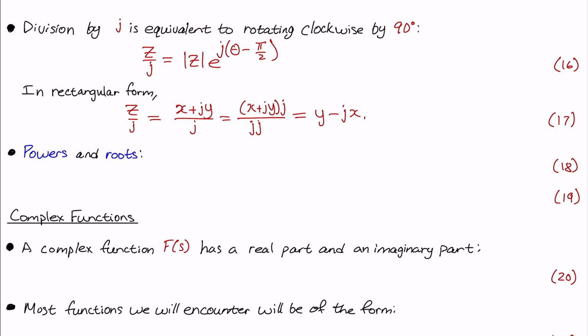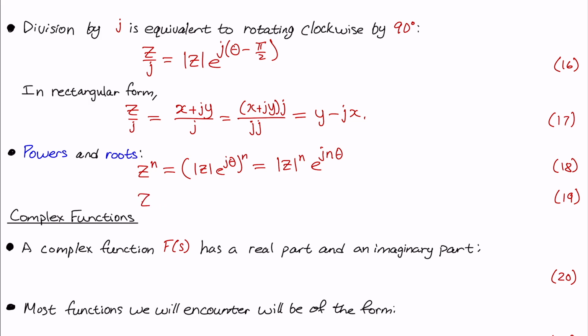Okay, for powers and roots, we're just going to do that in polar form. If we raise z to some constant n, this will be equal to the magnitude of z times e to the j theta, all raised to the n, and then this becomes the magnitude of z raised to the nth power times e to the jn theta.